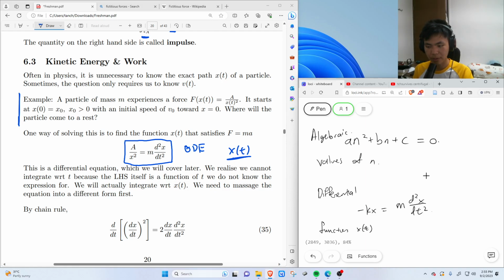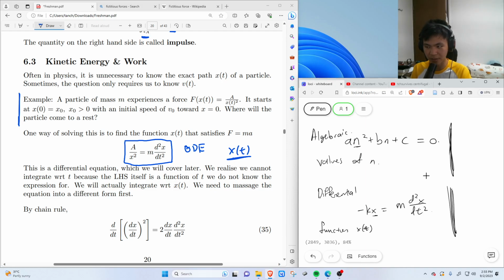So both of these examples, the algebraic equation and the differential equation, are equations of consistency. You're looking for solutions of n and x that make the left hand side equal to the right hand side.